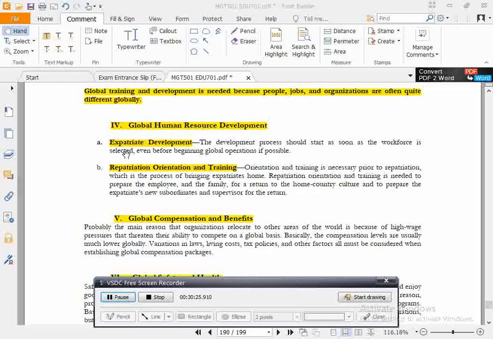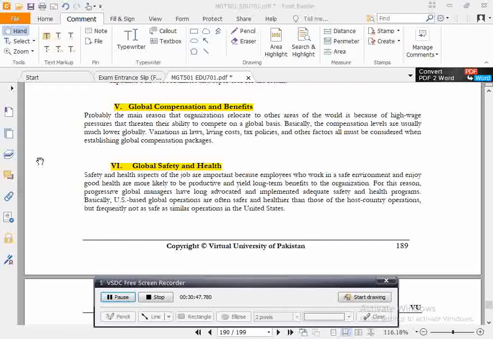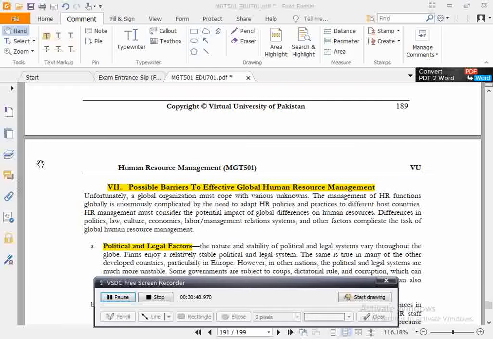Global human resource development, expatriate development, repatriation orientation and training, global compensation and benefits, global safety and health.